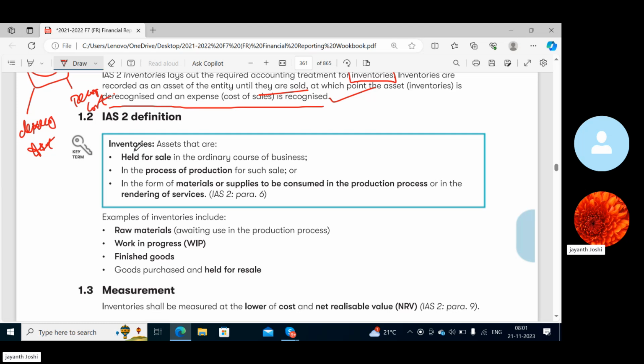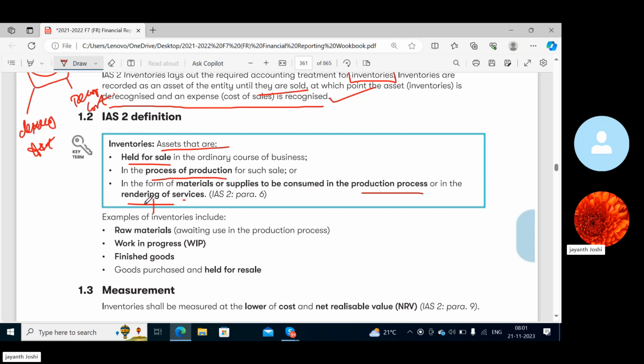Now, inventory is assets that are held for sale in the ordinary course of business, in the process of production as raw material, in the form of material or supplies to be consumed in the production process, or in the rendering of services. So all these are inventory. So inventory is not only stock, also in the form of material or supplies to be consumed in the production process or in the rendering of services.